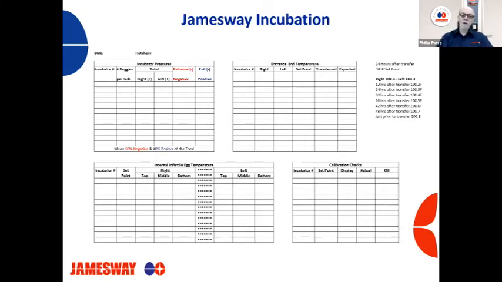So there are some other temperatures that showed they were getting hot, and we were able to use those values to determine how the machine operation is. In the bottom left is the internal egg temperature and how we fill that out in the calibration checkpoints.